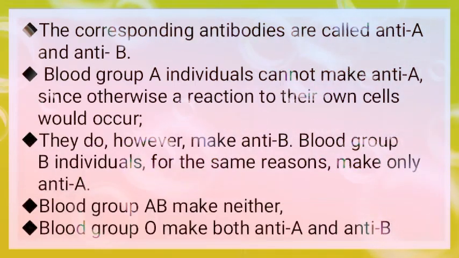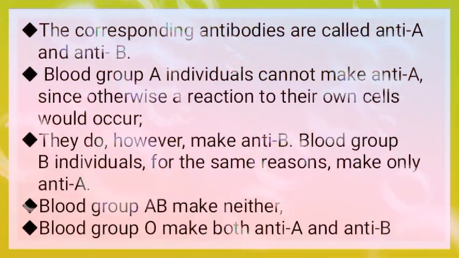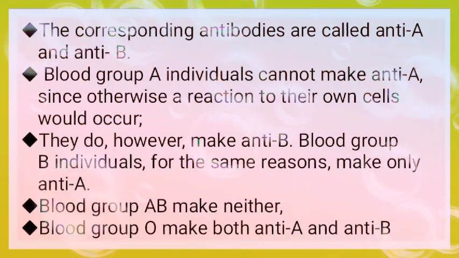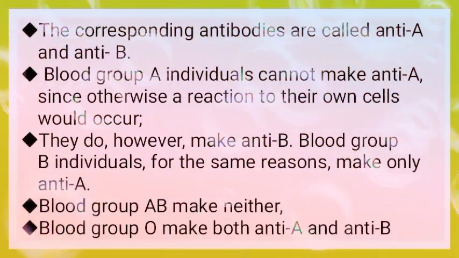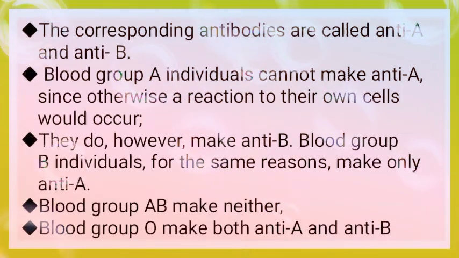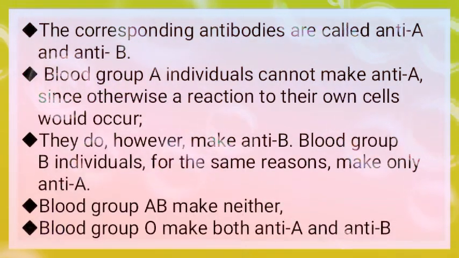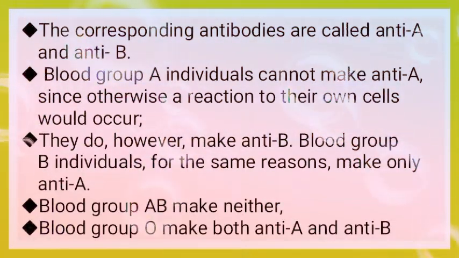So we're saying that blood group A individuals cannot make anti-A. Why? Because the antigen is A, and if they made antibody A, they would react.